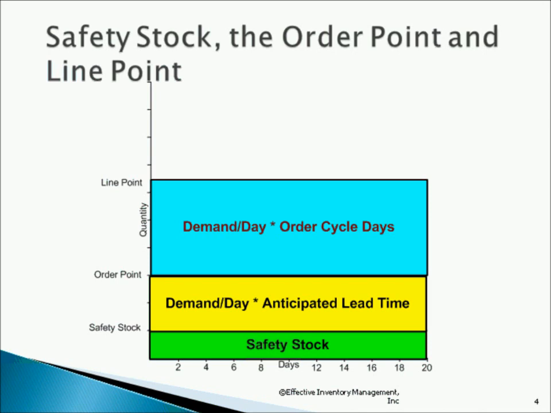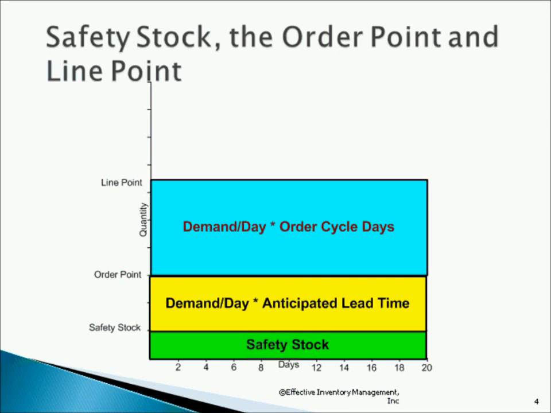Demand per day times the anticipated lead time days. Sometimes we might sell more than we forecast, or we might even have a delay in receiving a replenishment shipment from the vendor. That's why we maintain safety stock or reserve inventory, that area in green. So we have safety stock, we have anticipated lead time demand.